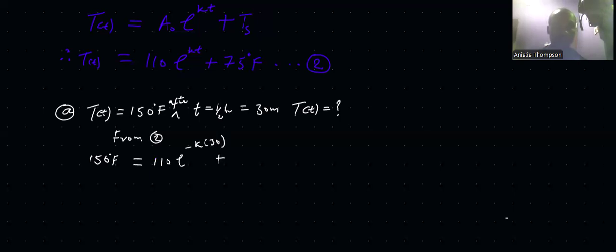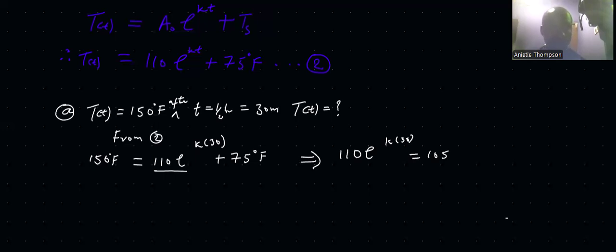So if you make this the subject of the formula, we can say that it implies 110 exponential kt, there's no minus there yet, the exponential kt, so we have that will be k of 30 equals 150 minus 75, all defined in degrees Fahrenheit.